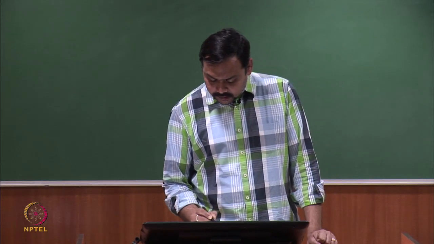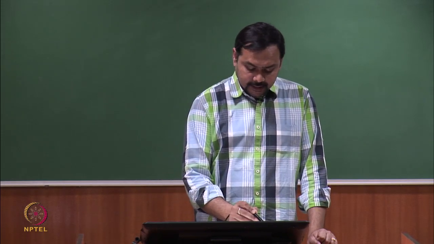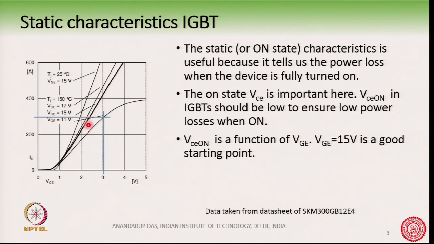So, if the gate emitter voltage is 15 volt, it is a good starting point. So, it is like somewhere here. Too high a value of VGE, even if you go VGE more than 15 volt, it is possible definitely, and VCE will go smaller and smaller.